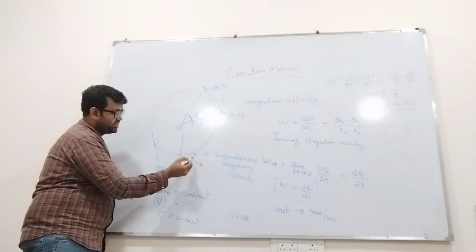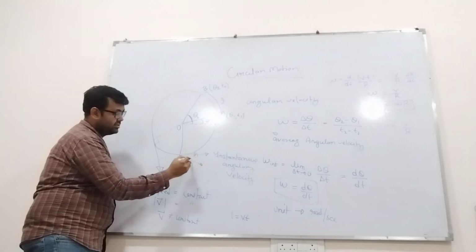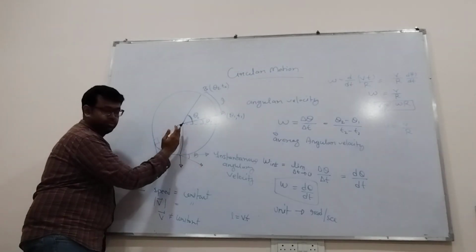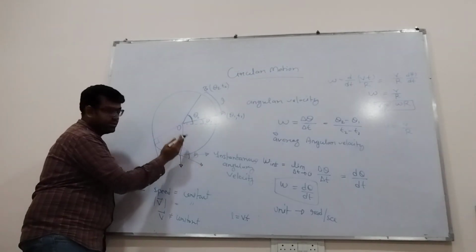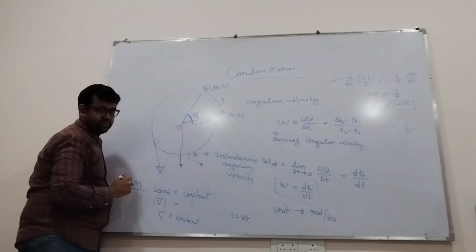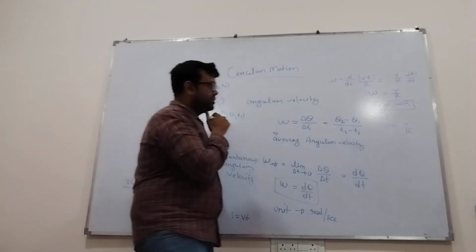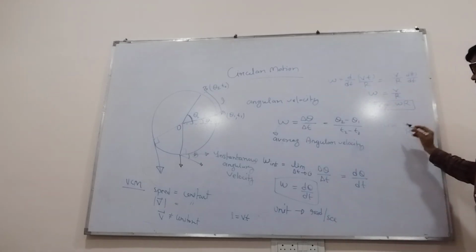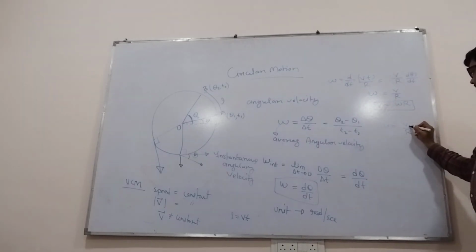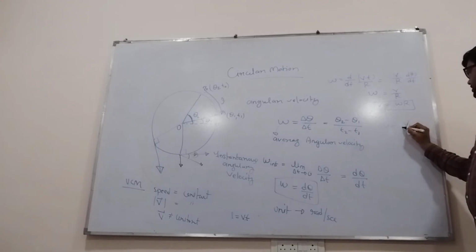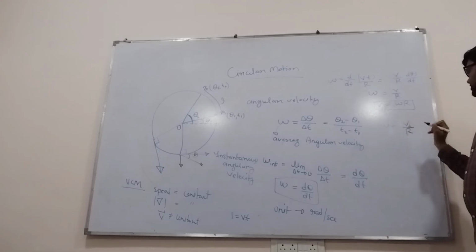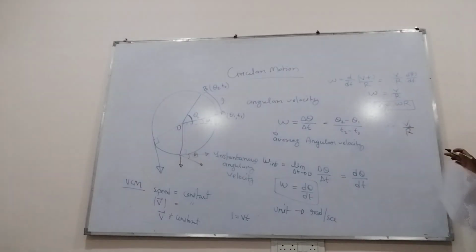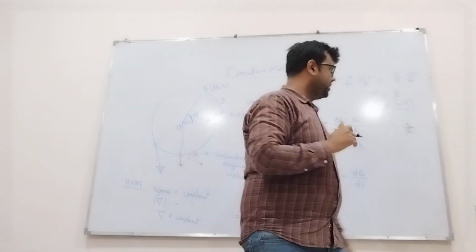So this component is perpendicular to the r. So we have to take this component of the velocity. So I can also write this formula as omega equal to perpendicular velocity upon r, that is nothing but the component.